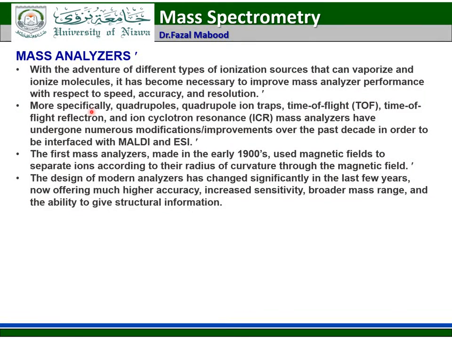More specifically, quadrupole, ion trap, time of flight, reflectron, and ion cyclotron resonance mass analyzers have undergone numerous modifications and improvements over the past decade in order to be interfaced with MALDI and ESI. The first mass analyzer, made in the early 1900s, used a magnetic field to separate ions according to their radius of curvature through the magnetic field.